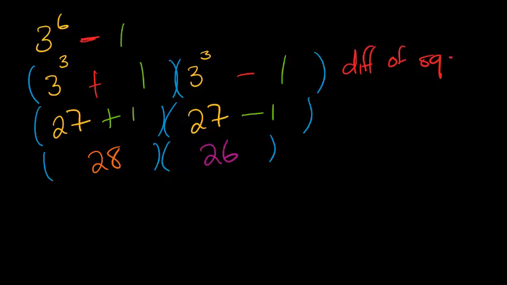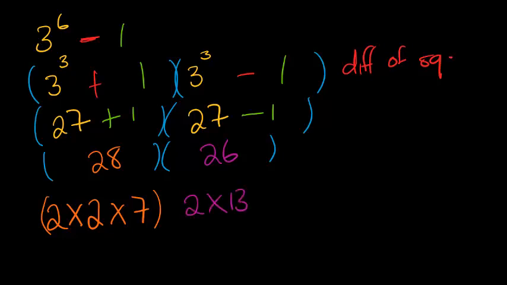So I'm not going to multiply them to each other. I want to break them down into prime factors. So let's break down that 28. 28 is equal to 2 times 2, which is 4, times 7. That is 28. And then 26 is equal to 2 times 13.